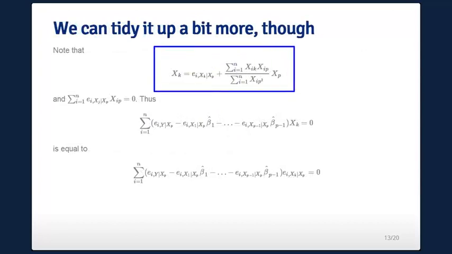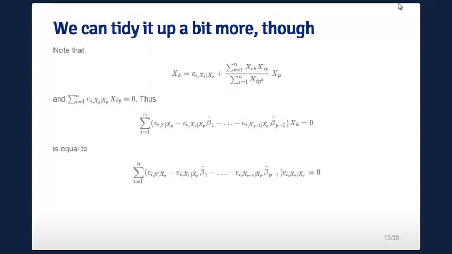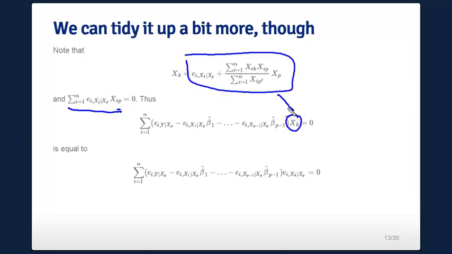Consider that equation right there. If we just reorder the residual definition, we get that equation right there, just reordering. And a fact that we've used often is that the sum of the residuals times the regressor is 0. So combine these two facts. For x_k here, we could replace it with this expression right there.